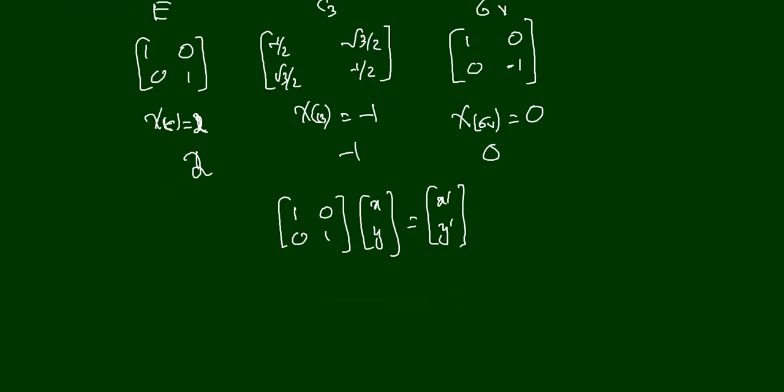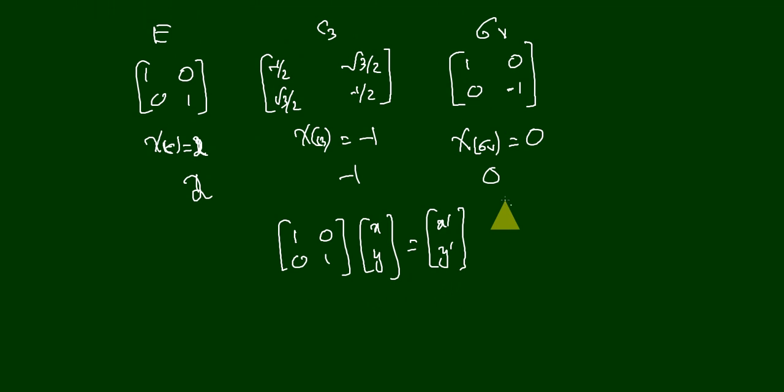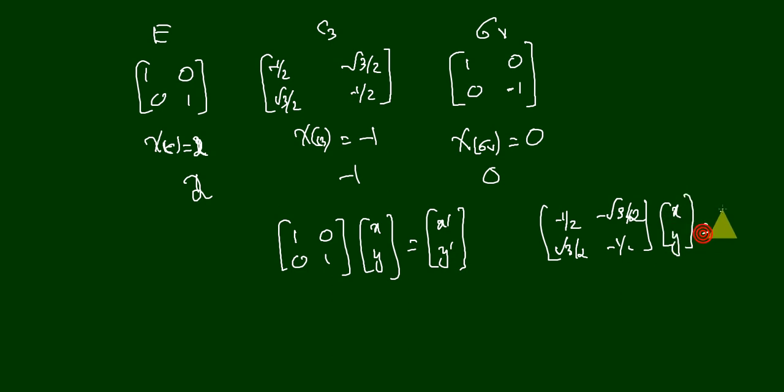The second matrix says that the transformation of x and y corresponding to this matrix, that is matrix minus half, minus root 3 by 2, then root 3 by 2, minus half, x y is equal to x dash y dash. This is what the second matrix says.